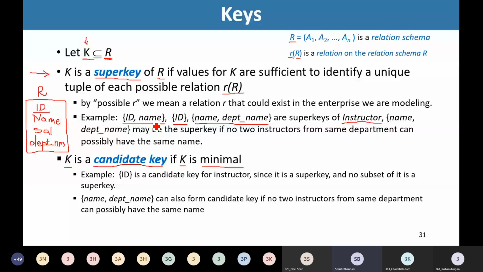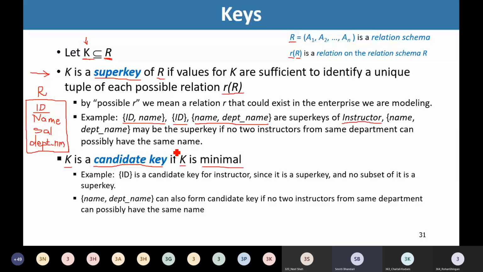So what do we mean by that? Minimal super key. If I have a super key and if I find any subset of that super key, and if that subset is also a super key for the relation, then that may not be the candidate key.